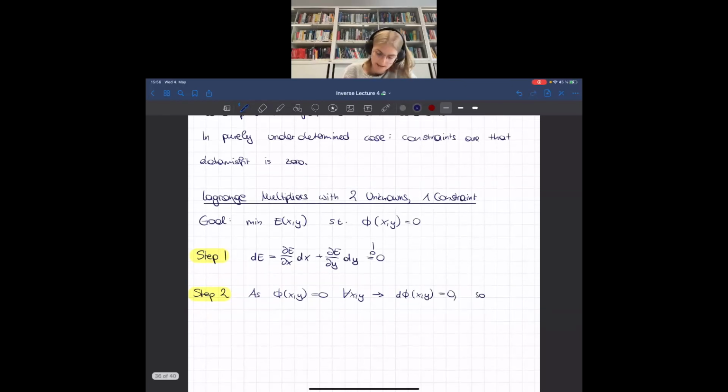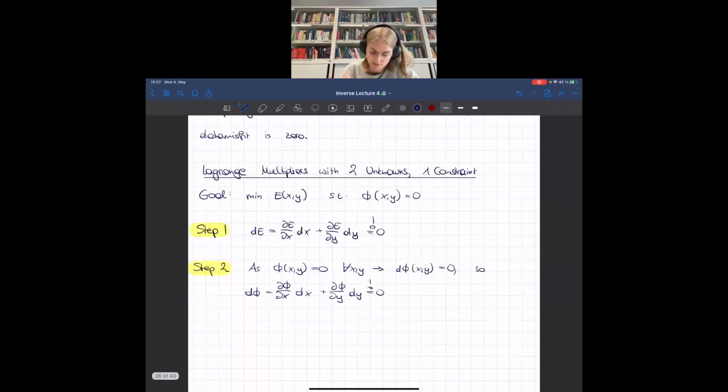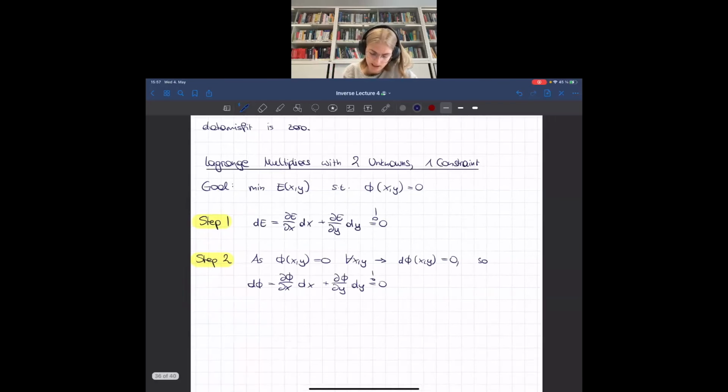And what this means is that the partial derivative of phi with respect to x plus the one with respect to y needs to be 0. So we have two things here already which we would like to have fulfilled. One equation regarding E and one equation regarding phi.